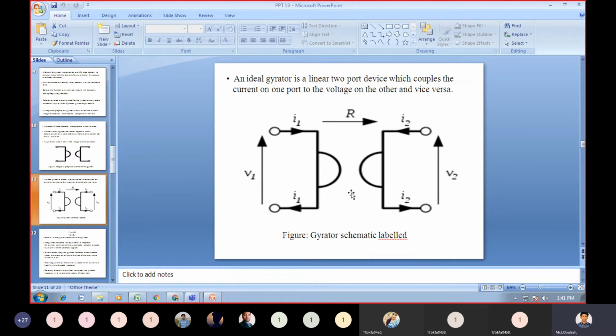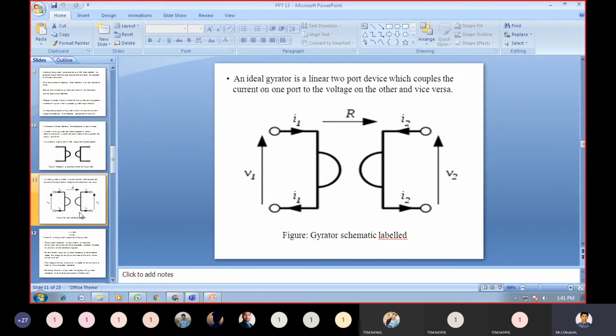What is the equation for power? P equals VI, so here you need to take two ports: P equals V1 I1 plus V2 I2.